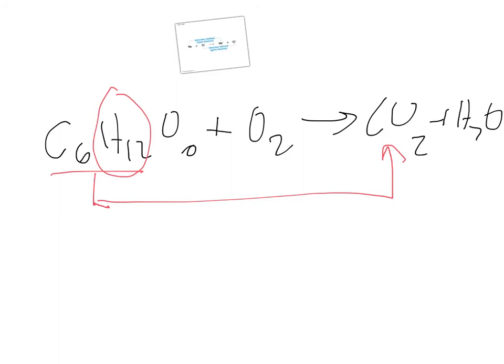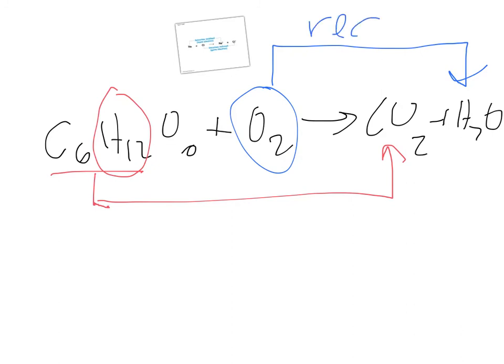Then on the flip side of that, what is being reduced? Where are the electrons going? Where are those hydrogens going? They're going to water. So oxygen is going to be reduced to water. This is a reduction. This is an oxidation. Coupled reaction.